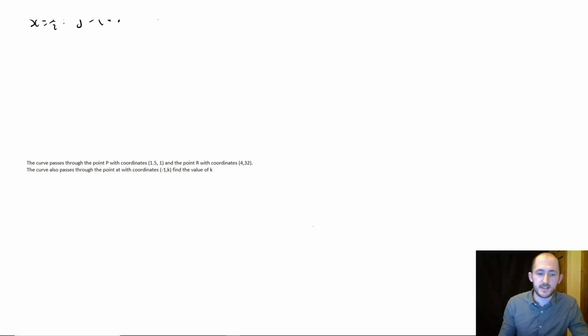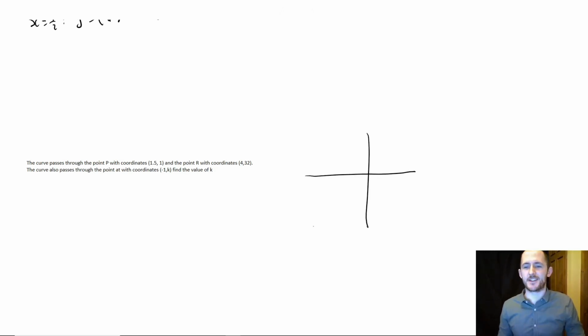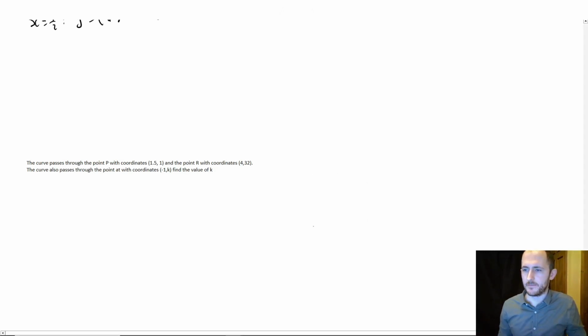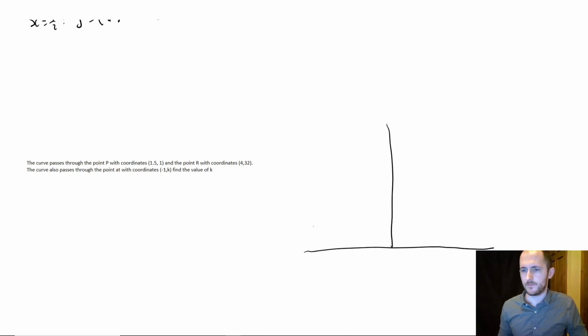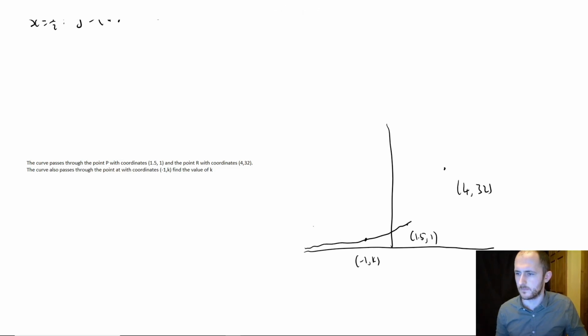So if you'd like, you could even sketch this out. Ah, I see why this is harder. I'll sketch it out. So we have coordinates minus 1, k, which I'm going to put over here, 1.5, 1, and 4, 32.